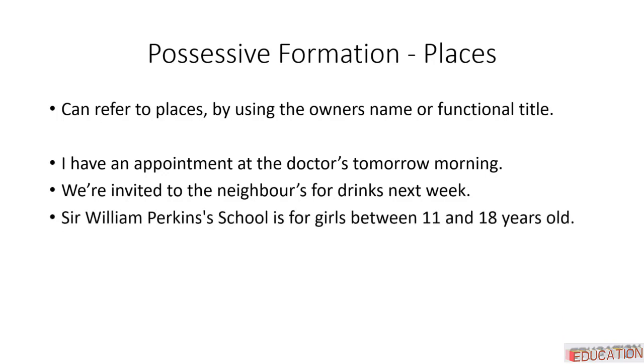Or using a name, Sir William Perkins's school is for girls between 11 and 18 years old, and the school is named after Sir William Perkins. Or Gino's makes the best pizza in town. So presumably Gino is the guy who makes the wonderful pizza, and his restaurant is called Gino's, and we use the apostrophe to show this.